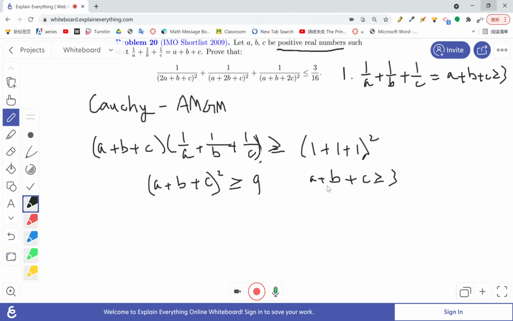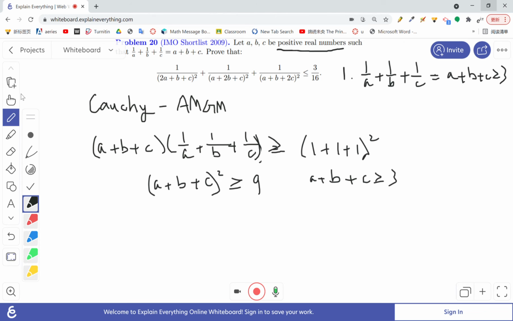So this is an extreme case. Now the thing we need to realize is that this entire expression is inversely proportional to the value of a plus b plus c. So if this is the minimum, then this will be the maximum value.